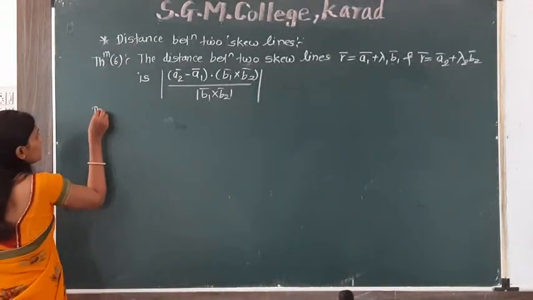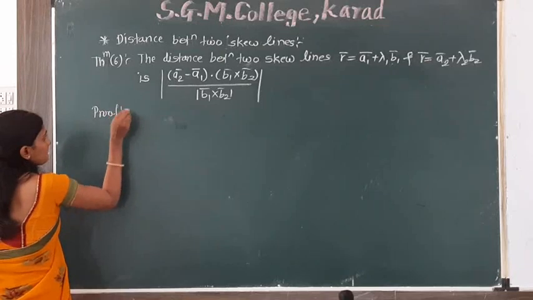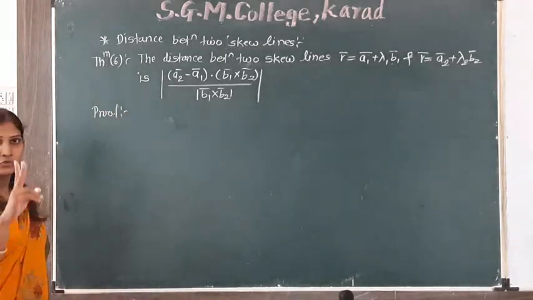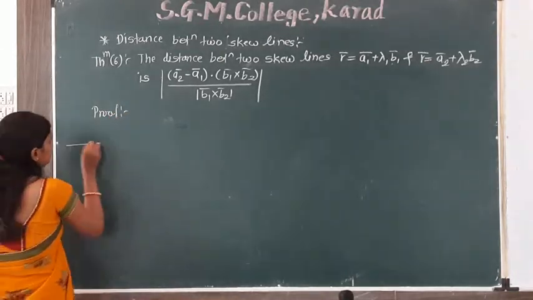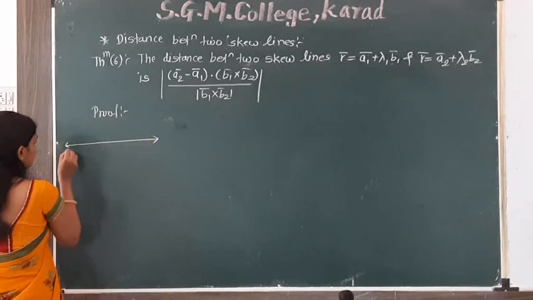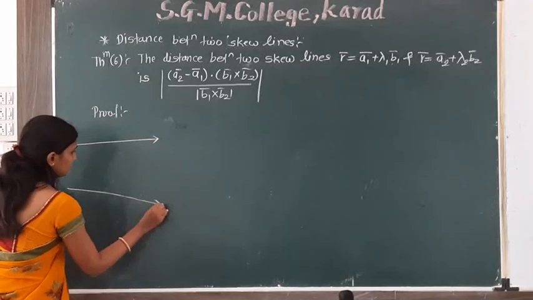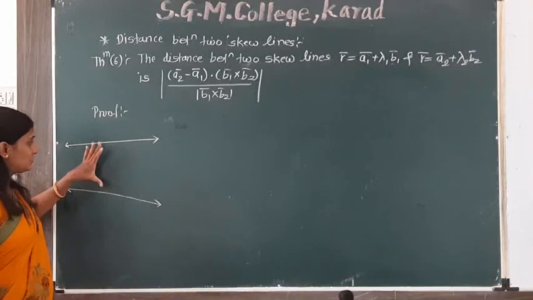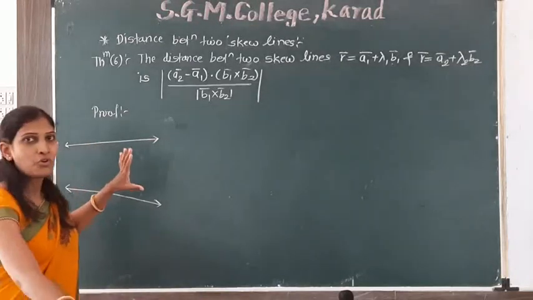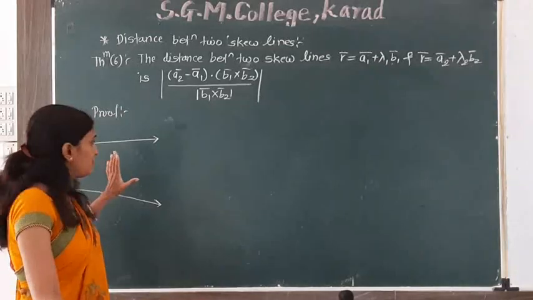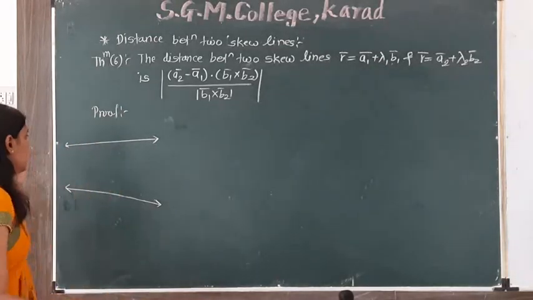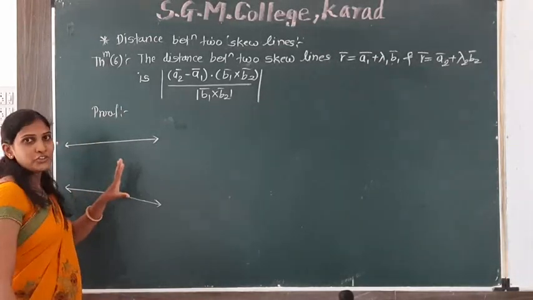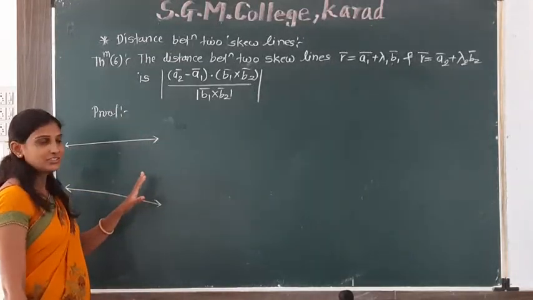Proof. Consider two skew lines. We have to draw lines which look like they are not intersecting and not parallel, though we can't draw it properly in a two-dimensional figure.